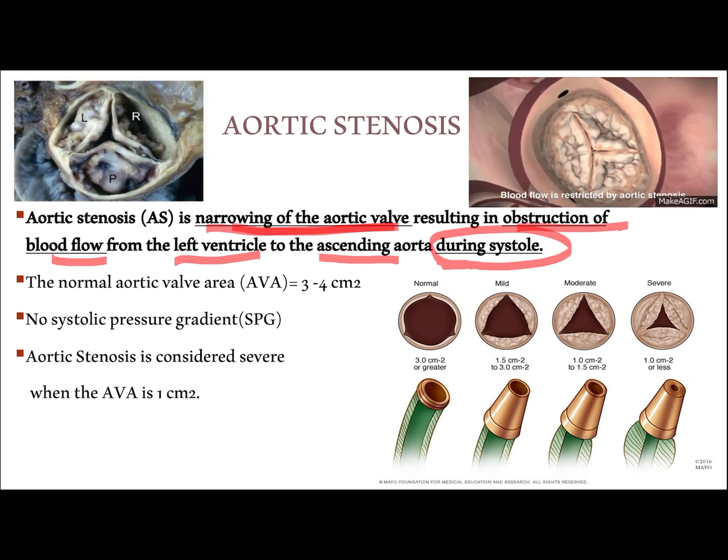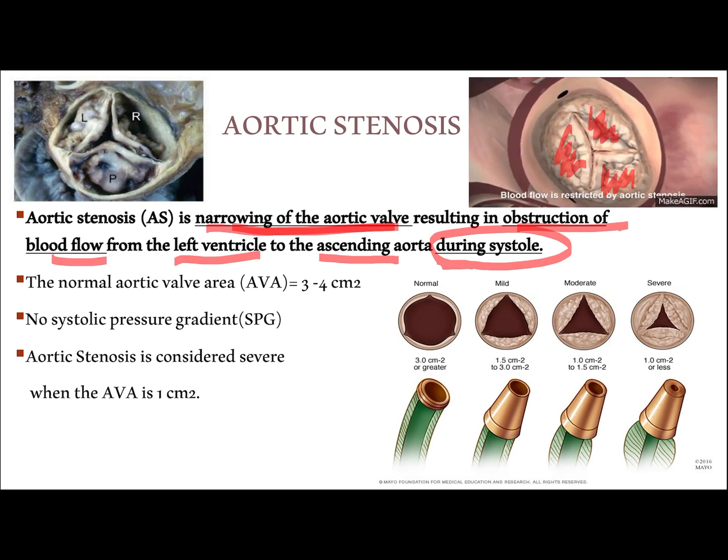On the upper right hand, we can see a calcified fibrous stenotic valve. This is the aortic valve, it is tricuspid, right? And there's a restricted opening of the valve, as we can see in this image, and due to this restricted opening, the blood cannot flow easily from the ventricle to the aorta.